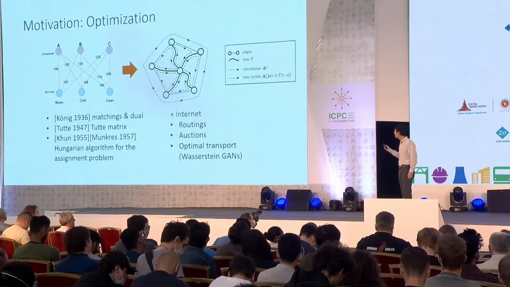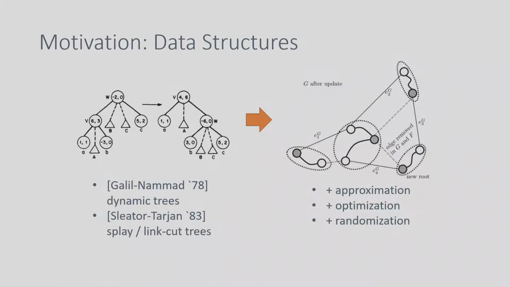And then from a data structure point of view, things like dynamic trees, splay trees, link cut trees, suffix arrays are all for very well-defined combinatorial problems. But nowadays with approximation, we're using them with optimization, and we're doing them with randomization.